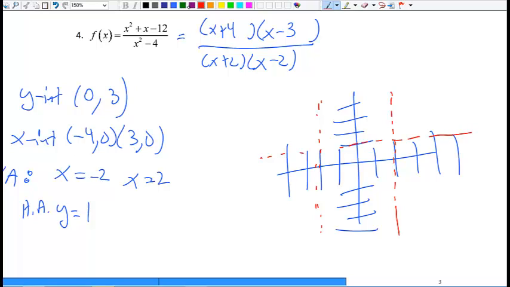Alright, and I know I've got ordered pairs at 0, 3, and negative 4, and at positive 3. 2, 3 right there.